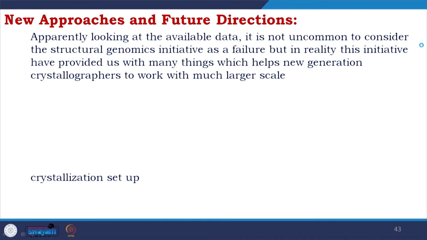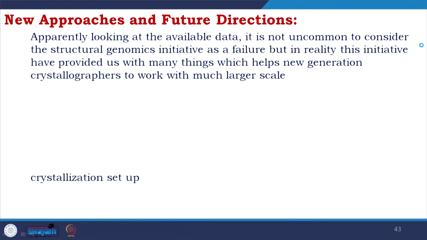Apparently, looking at the available data, it is not uncommon to consider this; I already have talked about structural genomics. Even as structural biologists, we feel that structural genomics projects did not achieve the success the Human Genome Project achieved, but in reality this initiative has provided us with many things which help the new generation of protein crystallographers to work on a much larger scale.